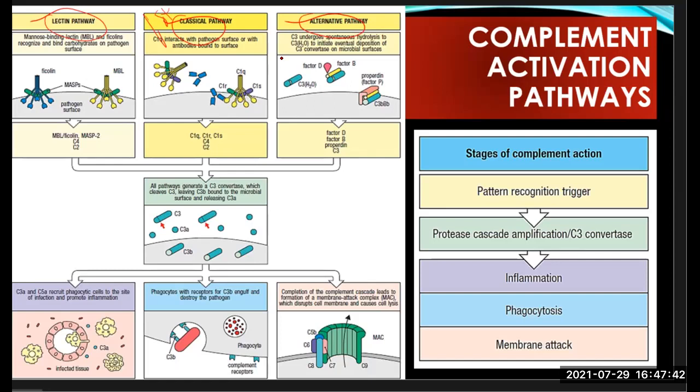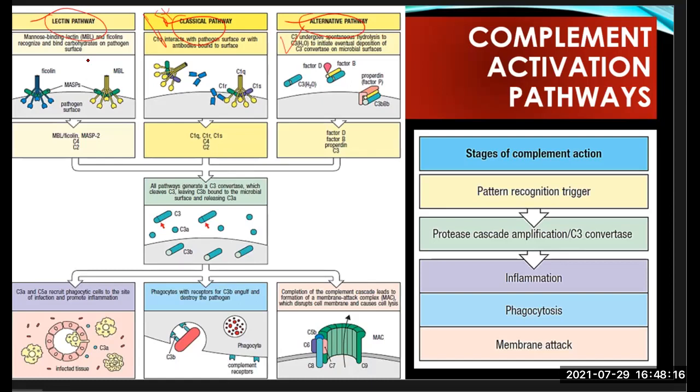The alternative pathway, described way back in the 1950s, provides an antibody-independent mechanism, so it doesn't require antibodies. If the classical pathway is dependent on antibodies, the alternative and also the lectin pathway are antibody-independent mechanisms for complement activation on pathogen surfaces. The lectin pathway is the most recently described activation pathway.